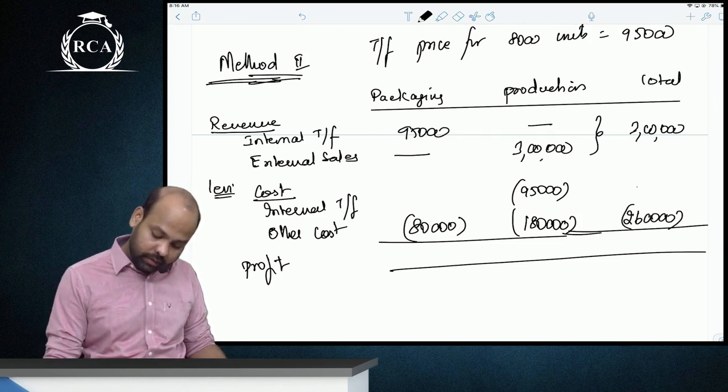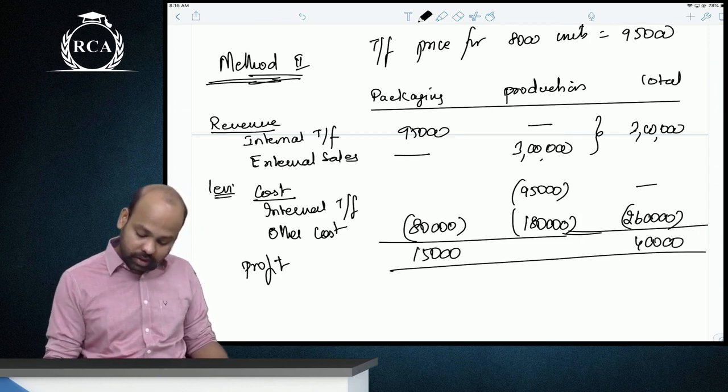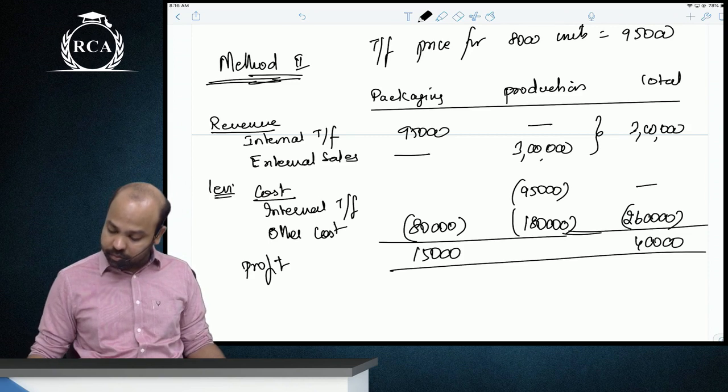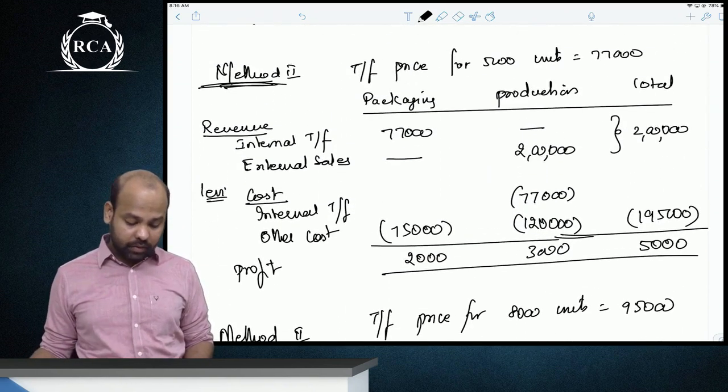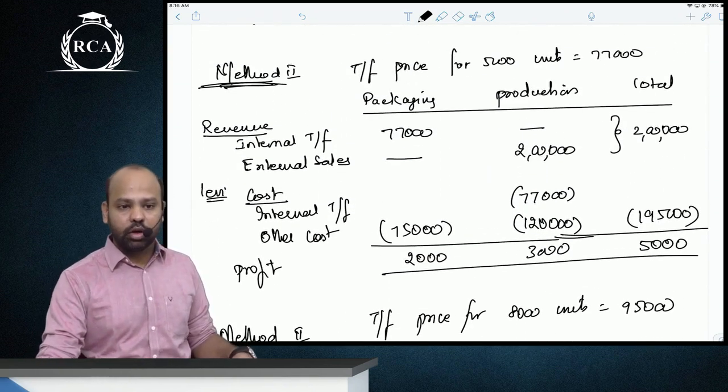And here nothing. Total profit is 40,000. 15,000 here. And here it is 3 lakhs minus 1 lakh 80 minus 95,000, 25,000 rupees. These are your profitabilities. We just have to write the comments now. All of this was method 2 only.